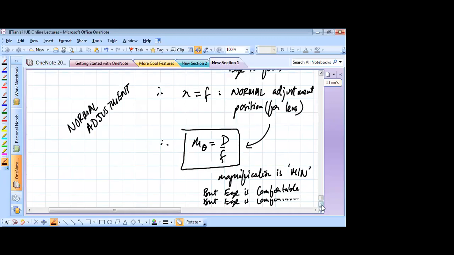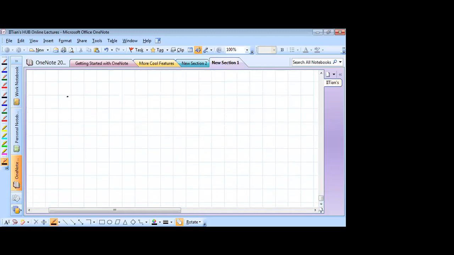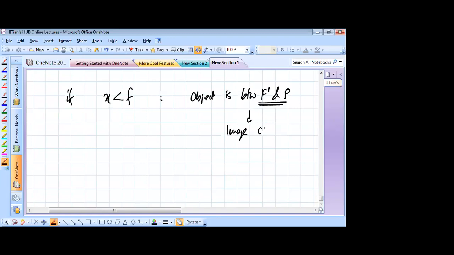Now, very opposite to this, if x becomes less than the focal length, that is, the object is between the focal point and pole, the image comes closer to the pole from infinity. So y also becomes finite now, because x is less than f.